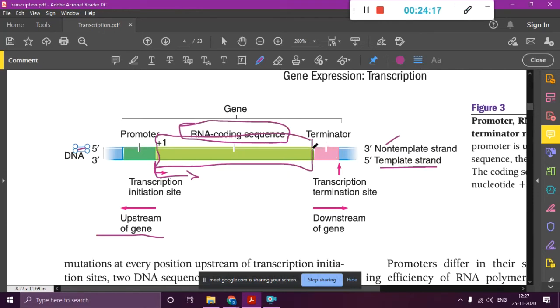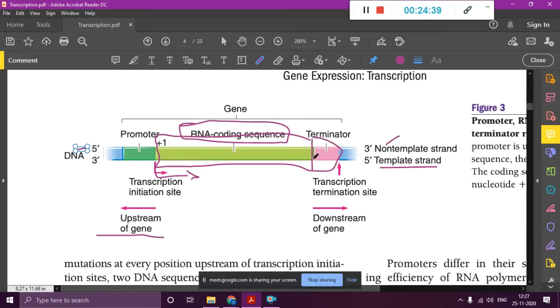After that, when this terminator region comes, the polymerase will know no more transcription. It will stop there immediately. So the terminator sequence is also transcribed, and also this little part is also transcribed.